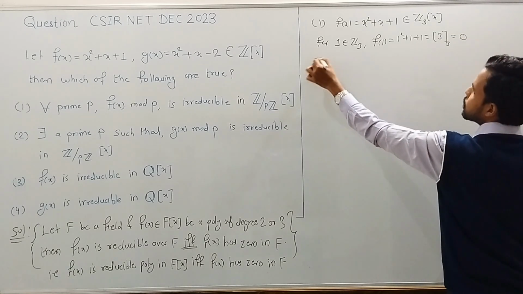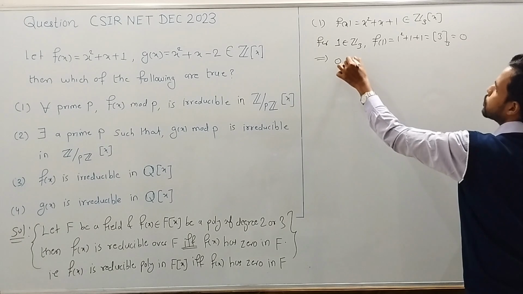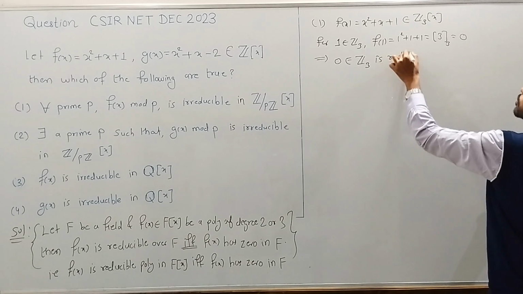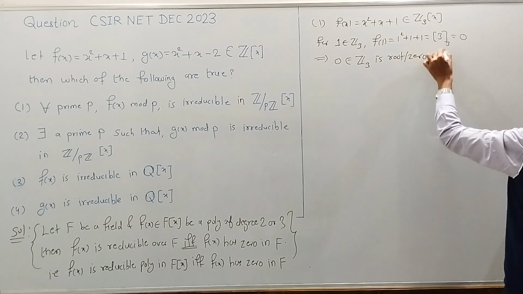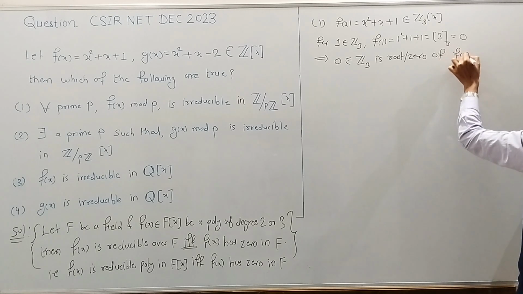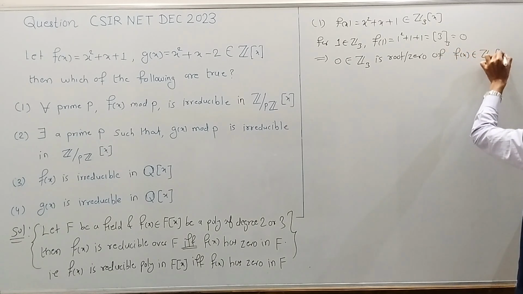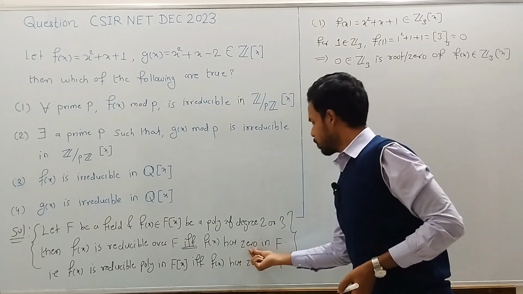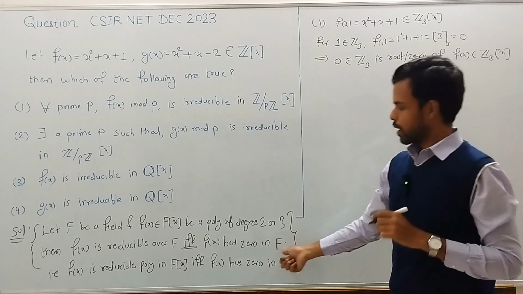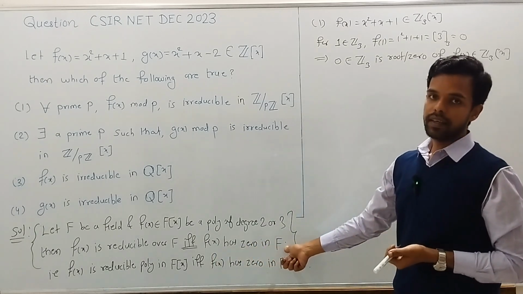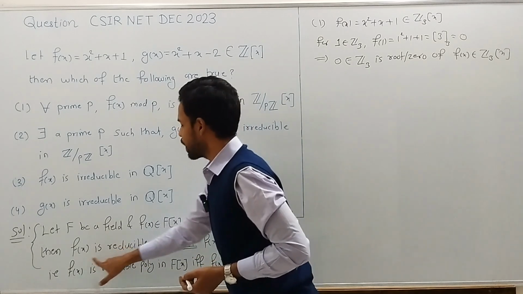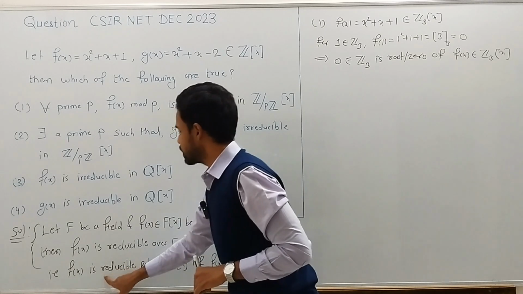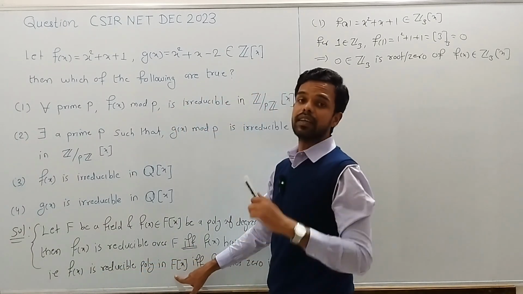So 1 in Z3 is a root of f(x) in Z3[x]. So f(x) has a root in Z3. So f(x) is reducible over Z3. That is, f(x) is a reducible polynomial in Z3[x].